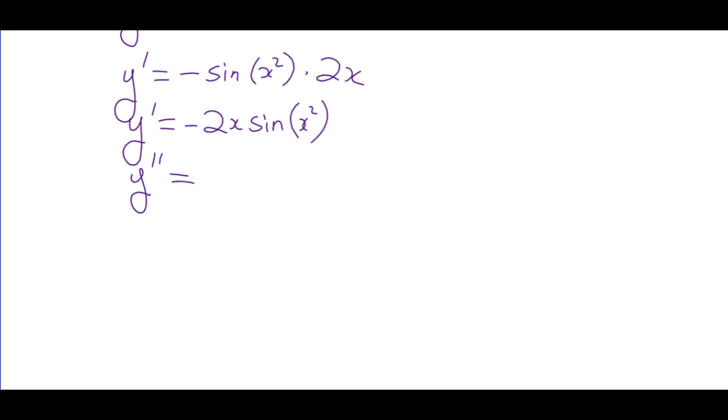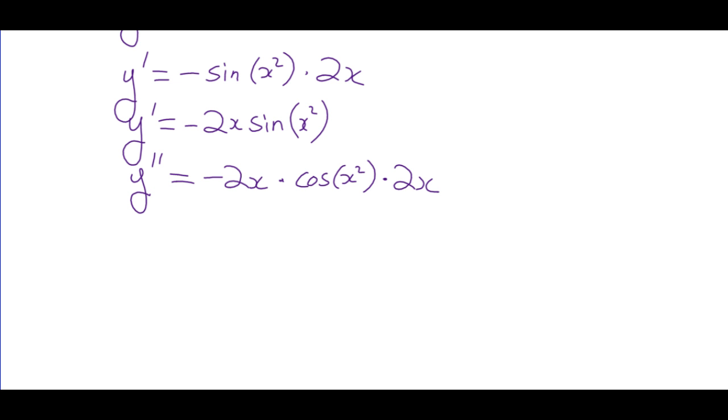So it's going to be negative 2x times the derivative of sine x squared, which is chain rule, right? So the outer function is sine, so that'll be the cos of x squared times 2x. Okay, so now there's way less detail.